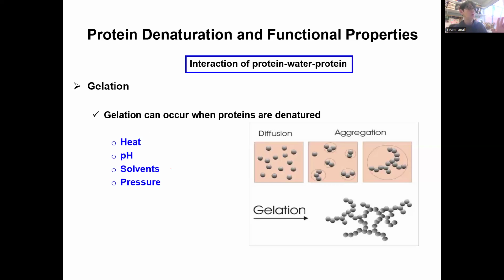So the conditions should really start with your solution, proteins diffused through solution or dispersion at least. The better the solution, the better the characteristics of your gel: the smoothness, no grittiness, a more homogeneous gel is the word I was looking for.